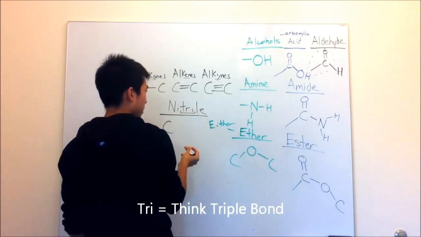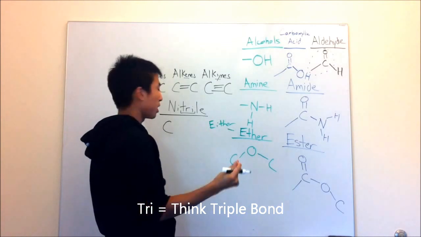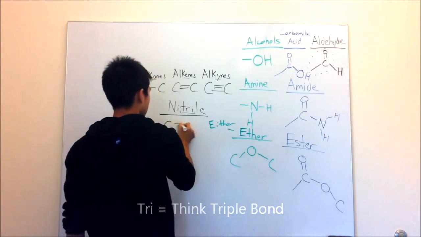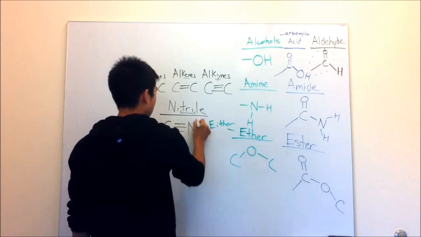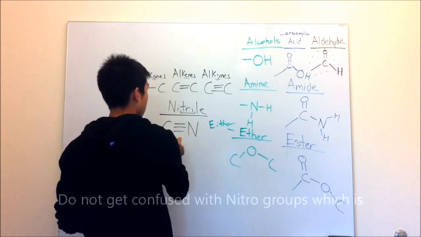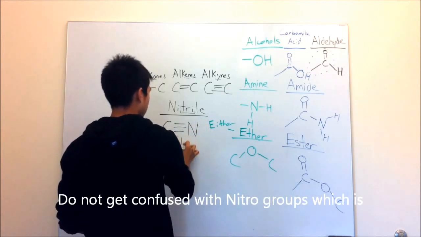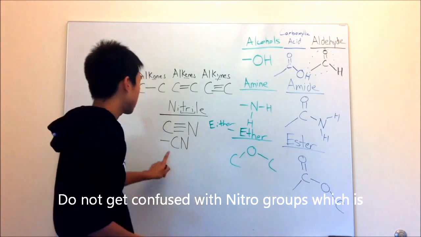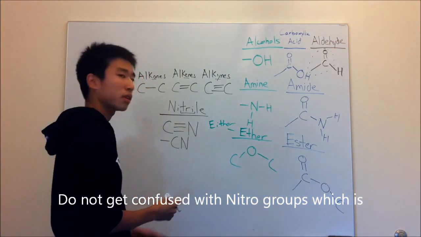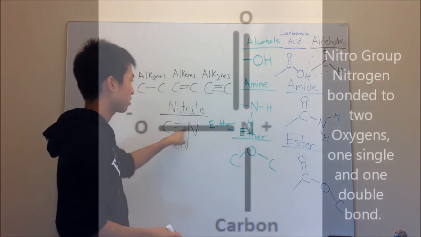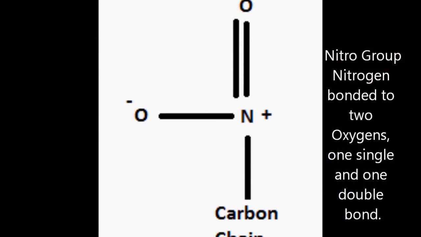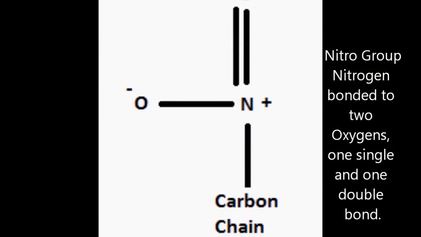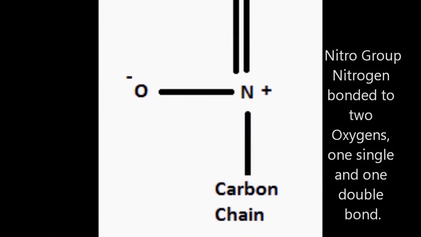When I see that, I immediately think of triple bond. So carbon, triple bond to the N. Sometimes it's written as CN, and they simplify it. But the moment you see a CN, just know to yourself immediately, it's going to be a carbon triple bonded to an N.